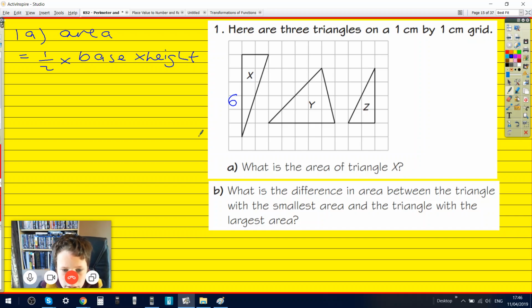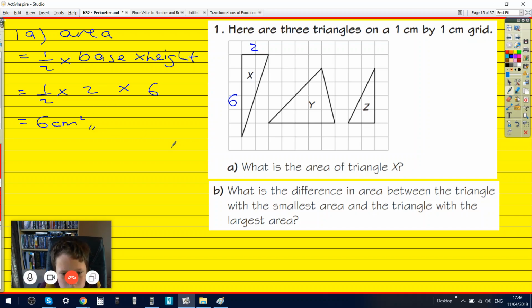So 6 times 2 is 12, but it's half. So half of 12 is 6. So the area of triangle X must be 6 centimeters squared. Well done.